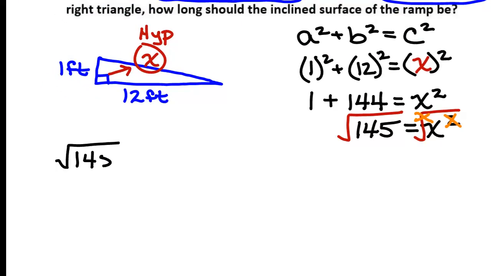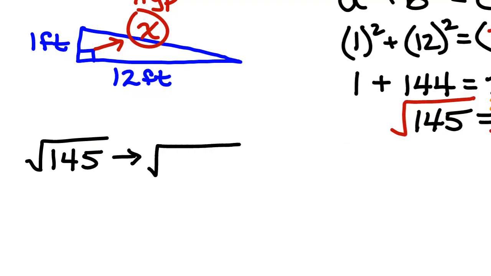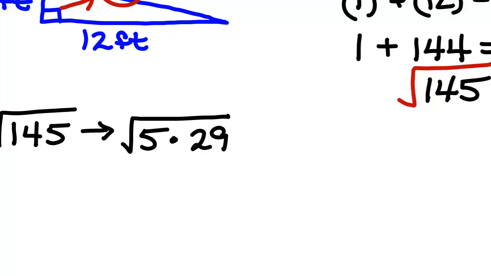What do you know of that will go into 145? 5. 5 times what? 5 times 29. What goes into 29? Anyway, let's keep on rolling with what goes into 29 while I wait on the board to come back up. 29 goes into 29.